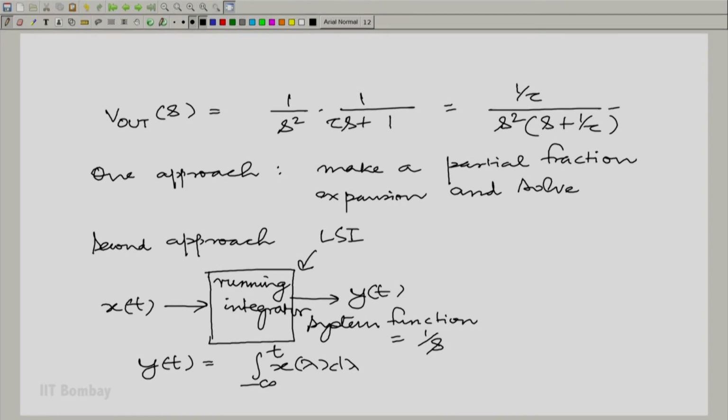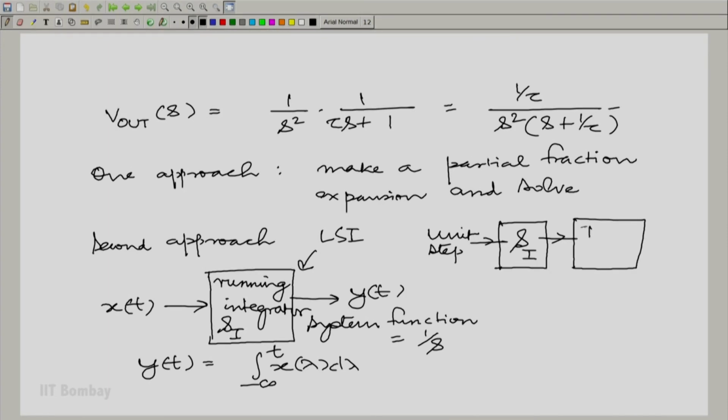Now, what you have done is to take the input unit step, you have given it to a running integrator, let us call this system Si, and you have given the output of this to the RC circuit. That is what you have done. Now, this is a cascade of two LSI systems.